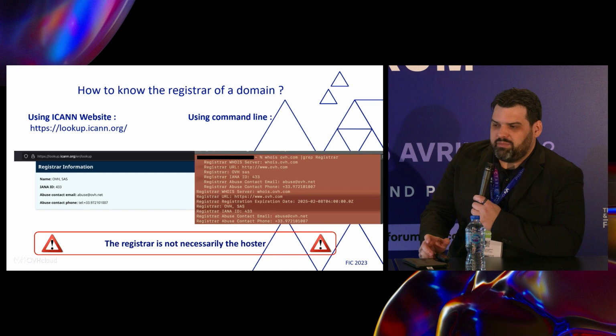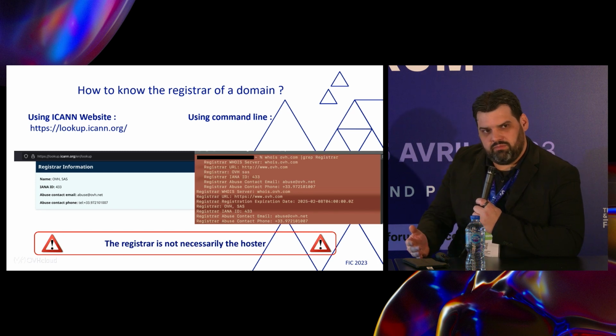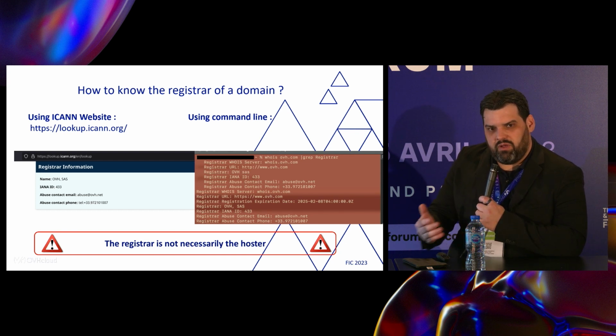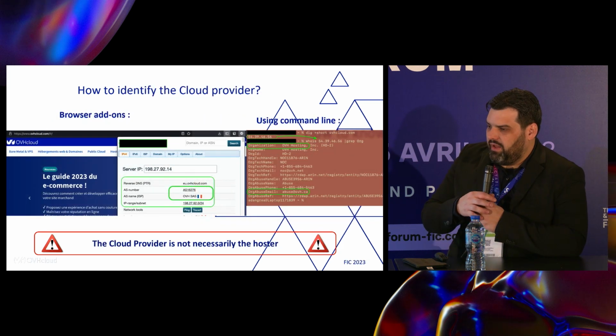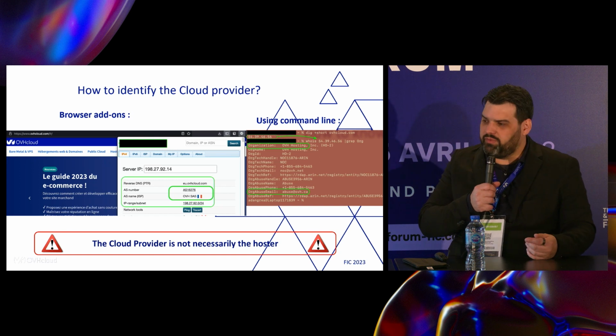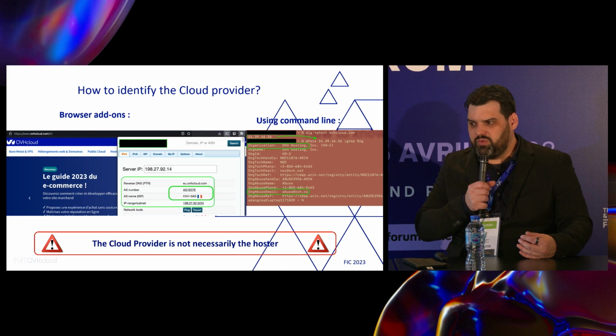As I explained, you can buy a domain on a registrar and host your website in another company. So it can sometimes be difficult to identify where the content, where the infringement, is hosted. To identify the cloud provider, the network in which the content is hosted, you have some browser add-ons to check it easily.